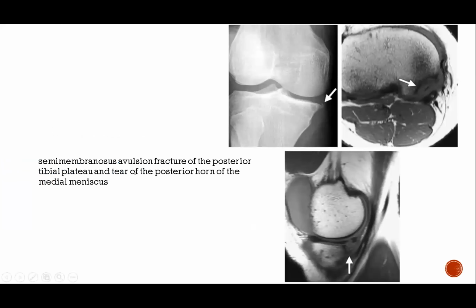This is the plain X-ray showing the avulsion fracture of the insertion of the semimembranosus tendon at the tibial plateau. The same is seen on the axial MRI image. As we saw in the previous slides, with the break stop mechanism, the semimembranosus tendon attaches to the posterior horn of the medial meniscus, so it causes a tear in the posterior horn of the medial meniscus due to avulsion.